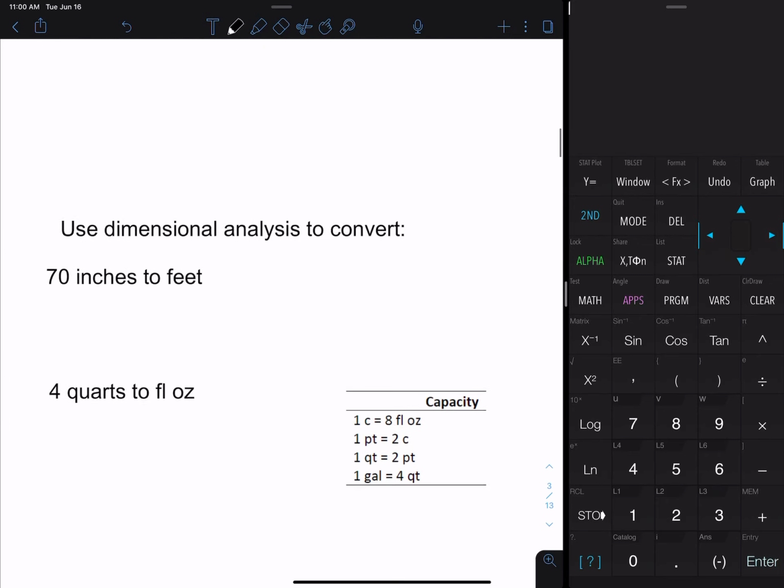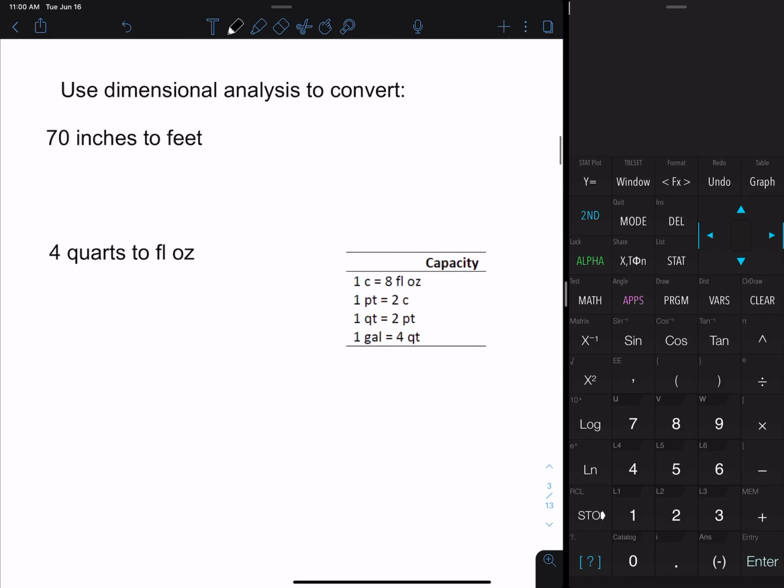Now let's look at a few other examples. We have 70 inches to feet, so we're going to be using that same conversion, 12 inches in 1 foot. Now if I look at this, I'm going to start with my 70 inches over 1.